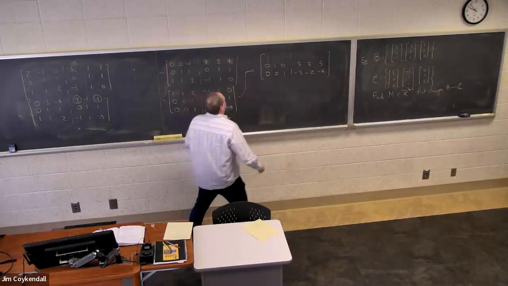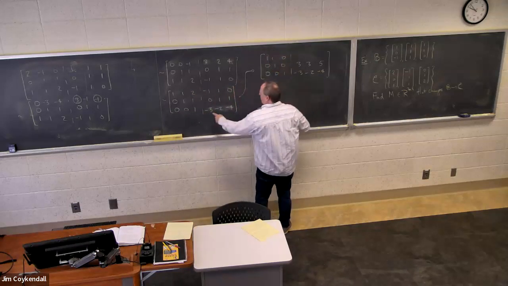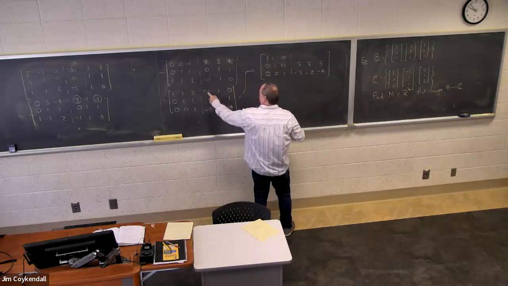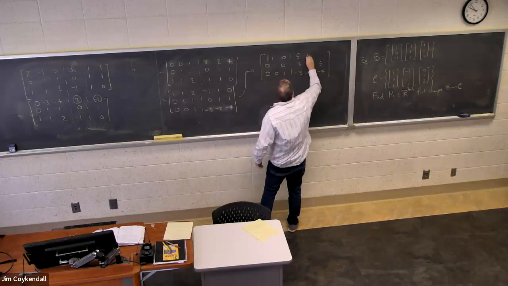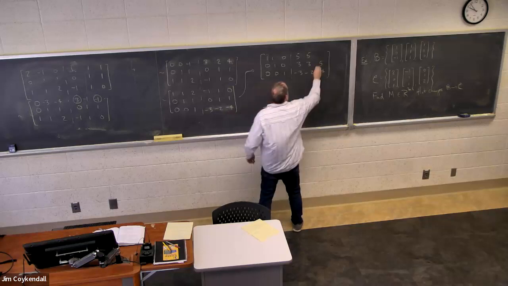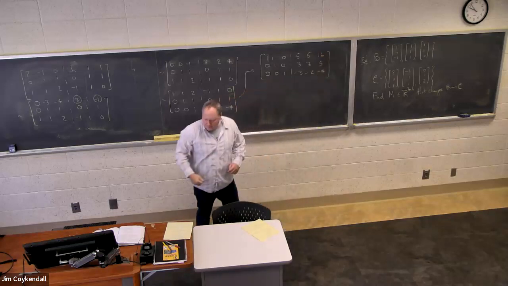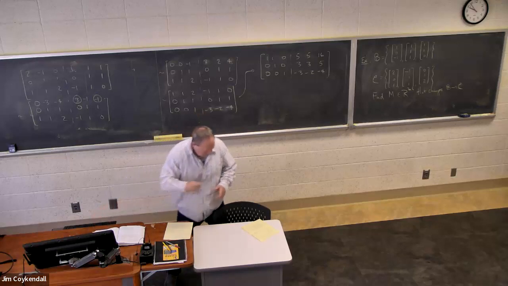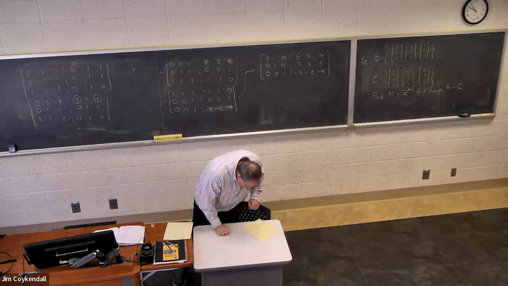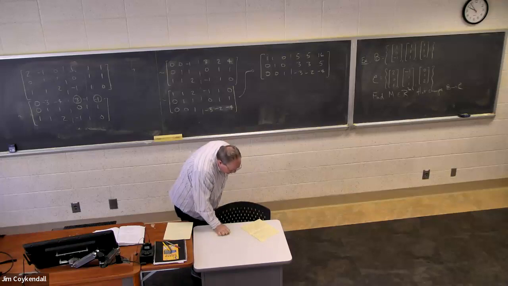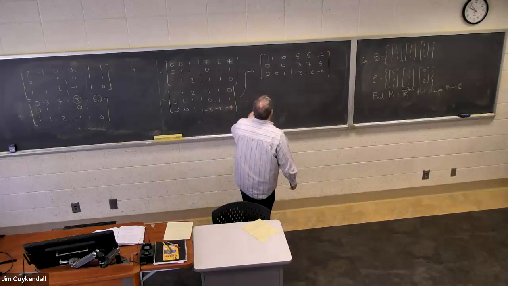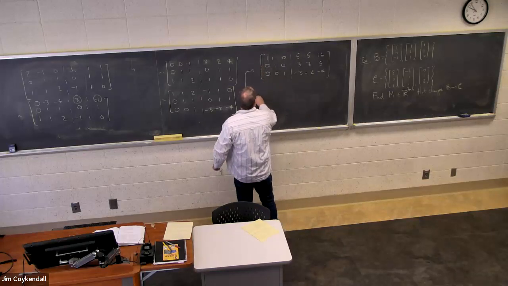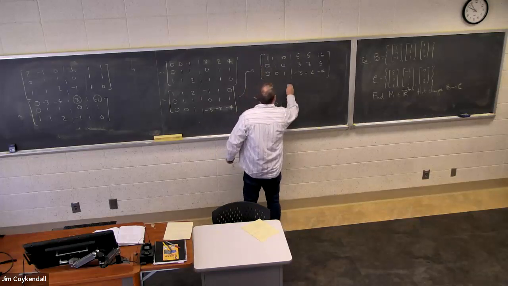And times -2 and add. That's going to be 6 -1 is 5. That's going to be 4 and 1 is 5. That's going to be 16. And finally, I guess what I gotta do is -1 and add 0, 0, 1.